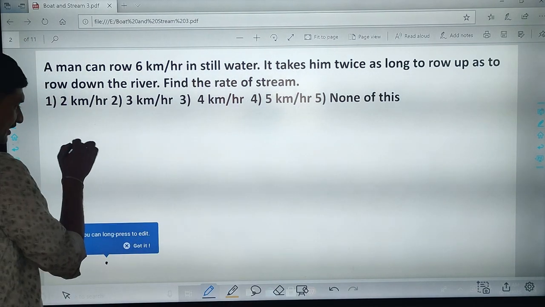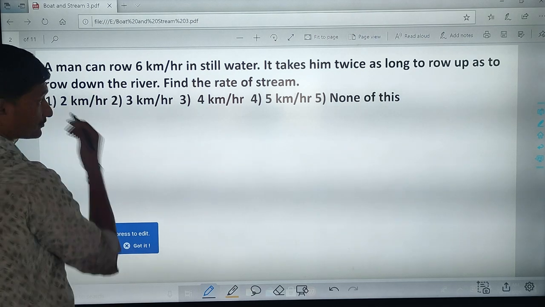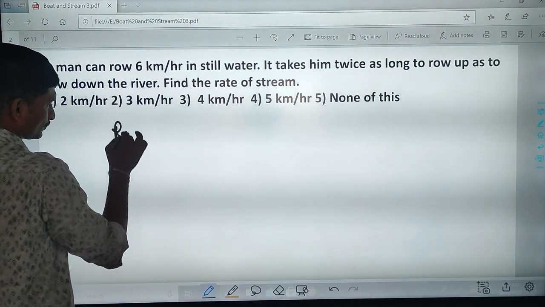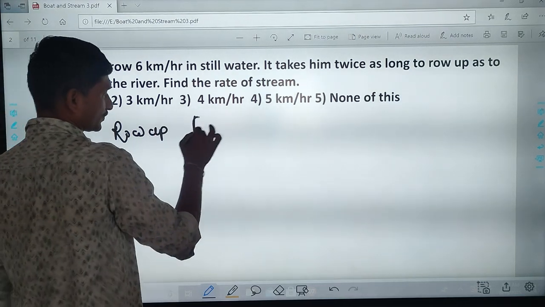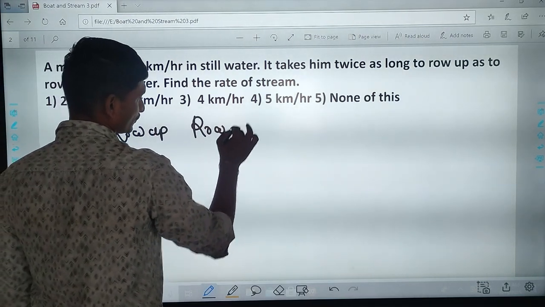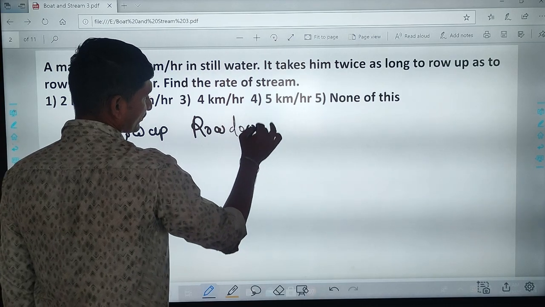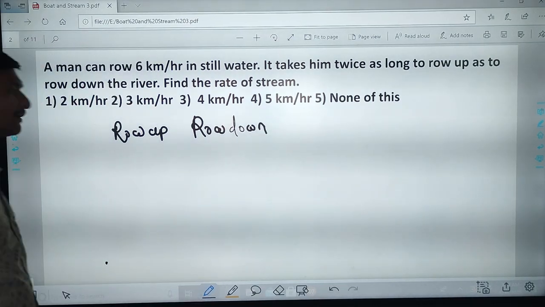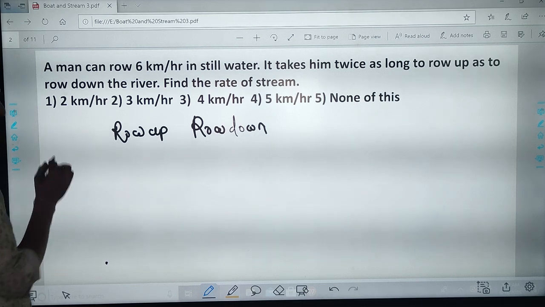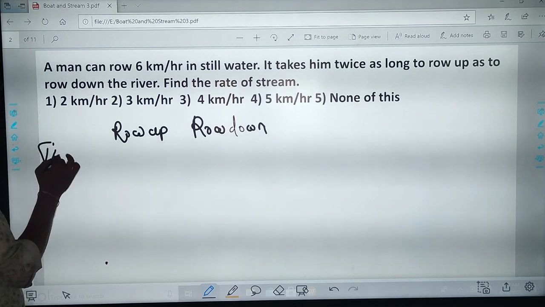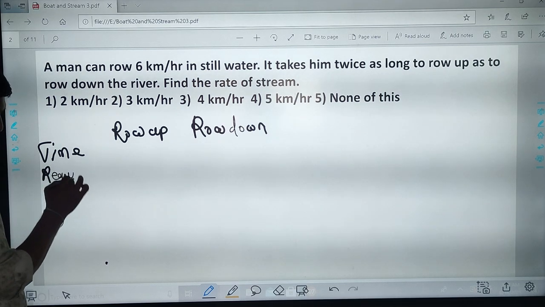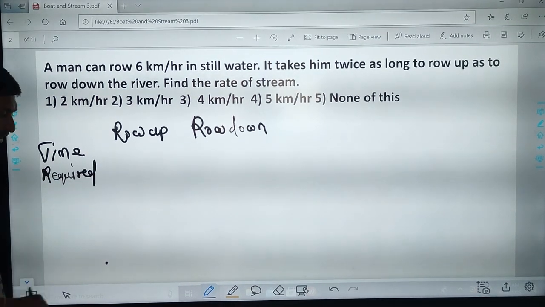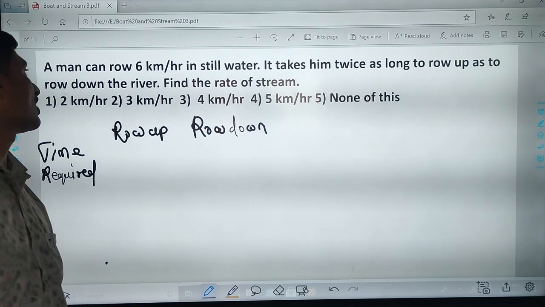Here, first, we consider the time required to row up and row down.